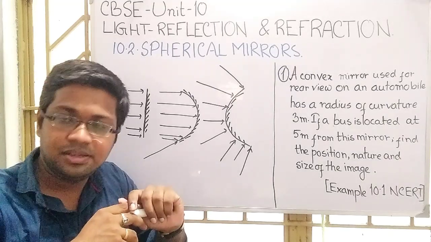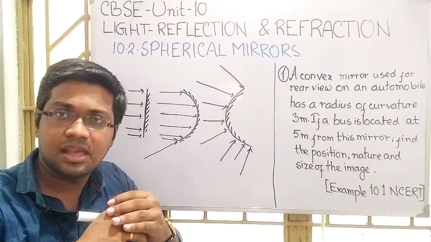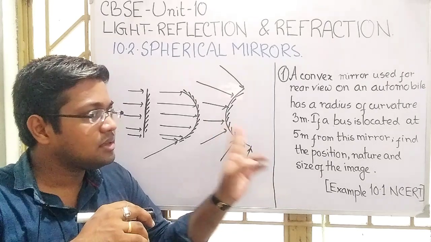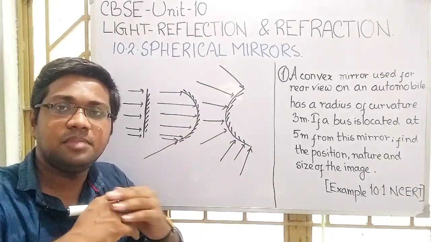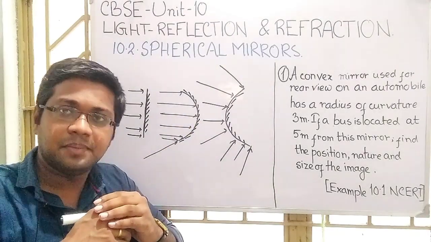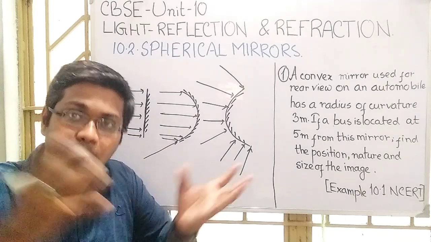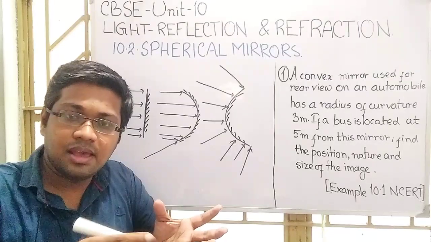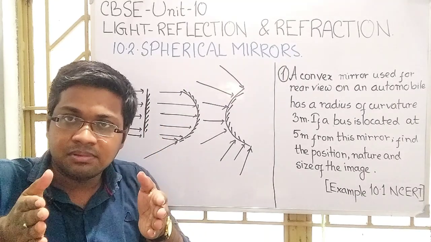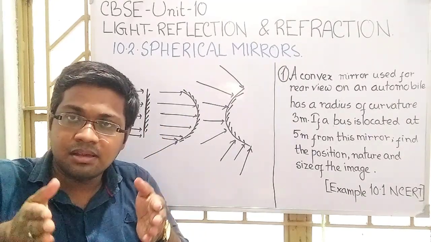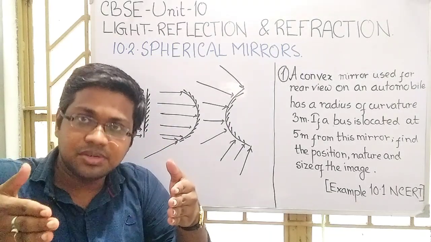So there is a quantity which basically defines this thing. The term is aperture. The aperture of this convex mirror is greater than that of the plane mirror and the concave mirror. That's why the convex mirror is used as a rear view mirror, so it takes more amount of light. For the plane mirror, light is taken only this way; for the concave mirror, it can take the information this way.